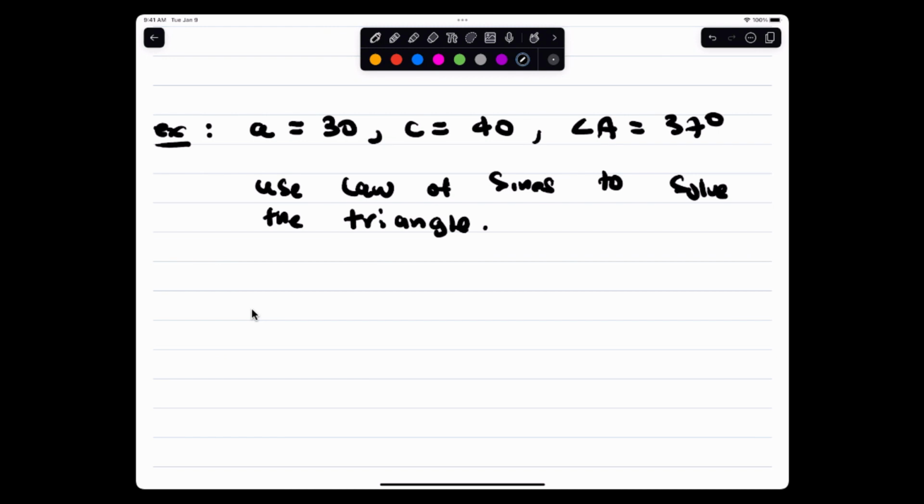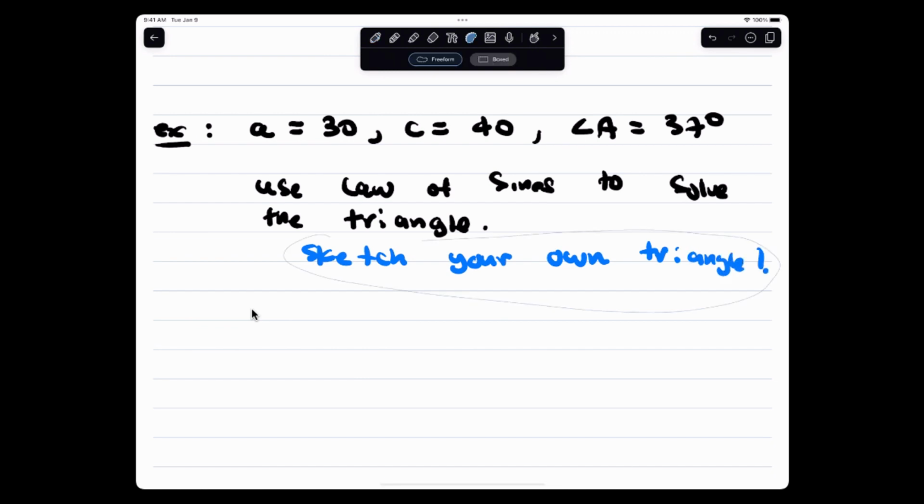Okay, so obviously here, I'm going to say to you guys, you might say, Mr. Judge, where is the triangle at? They didn't even give me a triangle. You know what they're going to make you do? Sketch your own. Exactly. You might say, how do I even begin to do that?